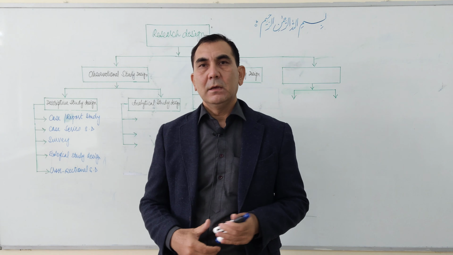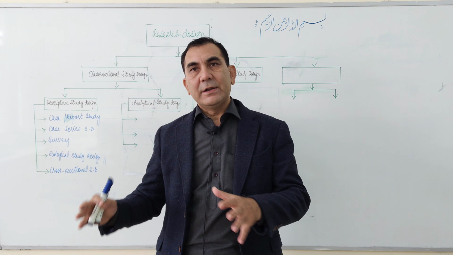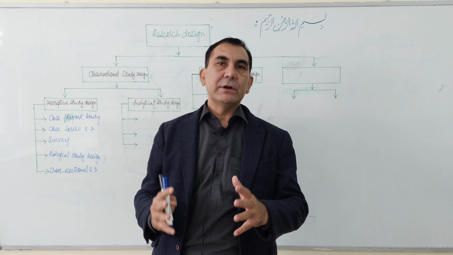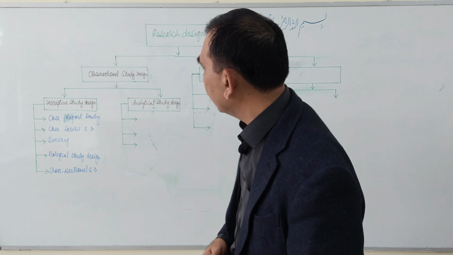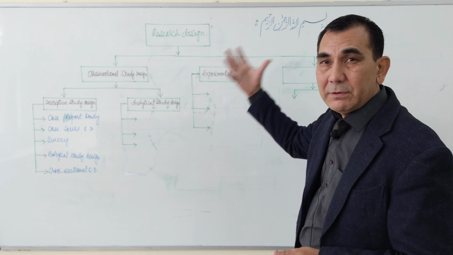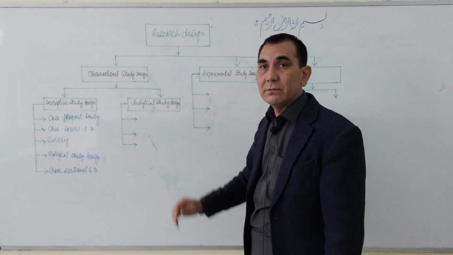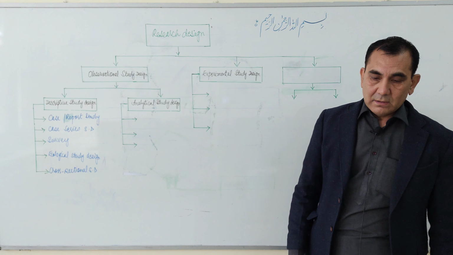In today's lecture we will learn about the research design and the diagrammatic sketch of the different types of research design. In the previous lecture we learned what research design is.